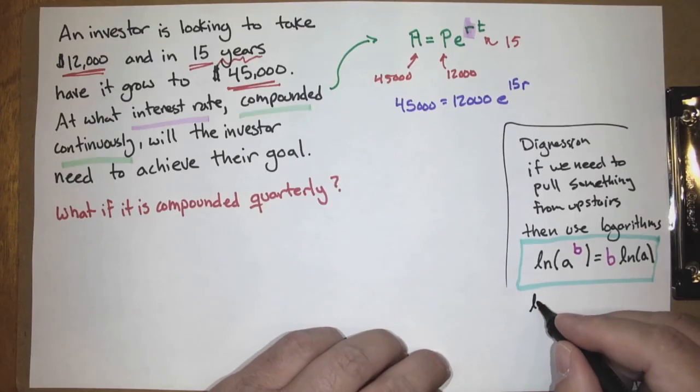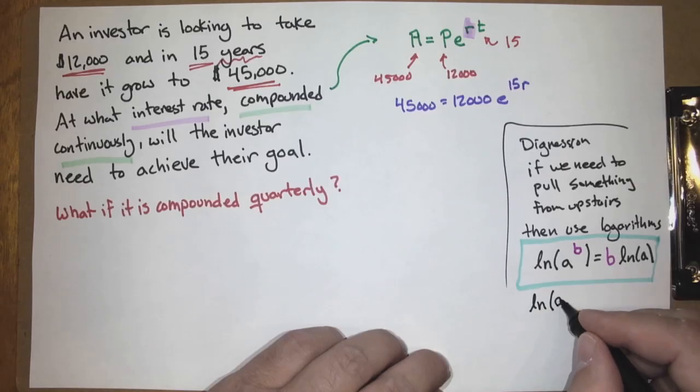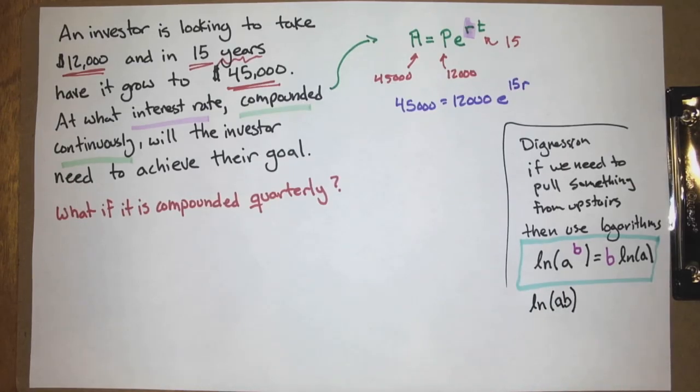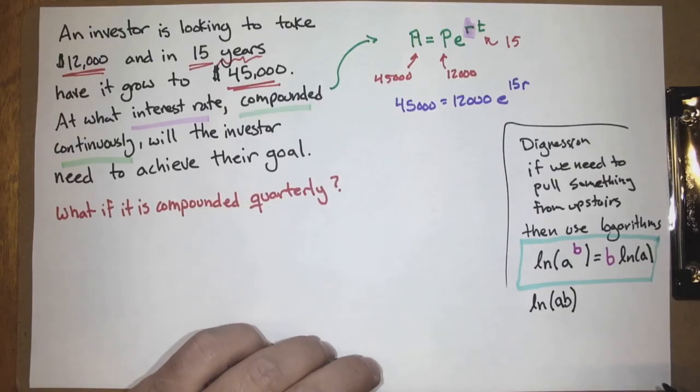Some other cool properties of logs that are good to know. If I have multiplication on the inside, so log of A times B, what does that become? Do you remember?